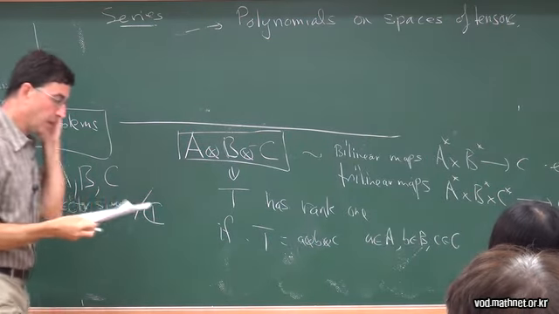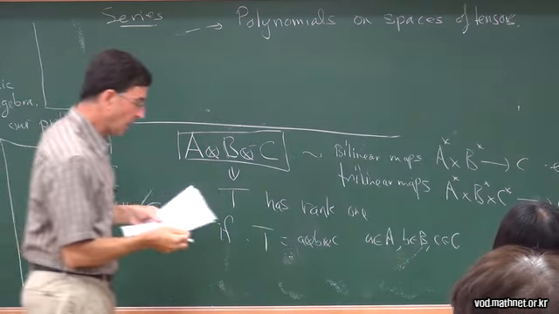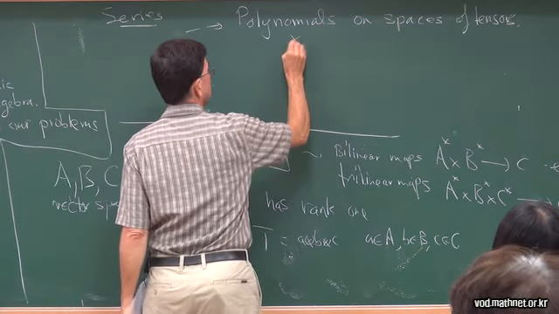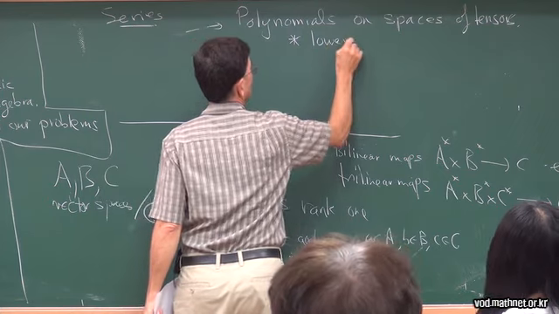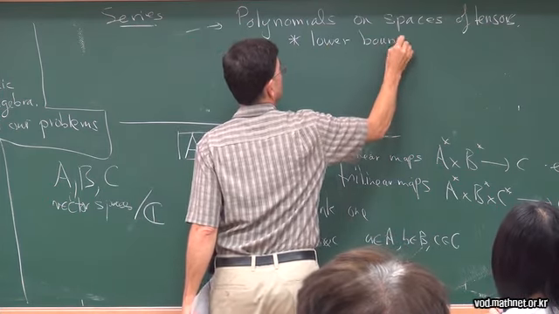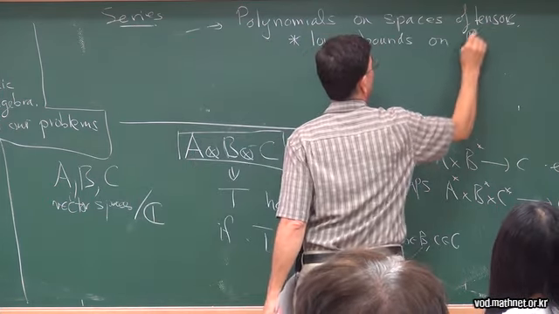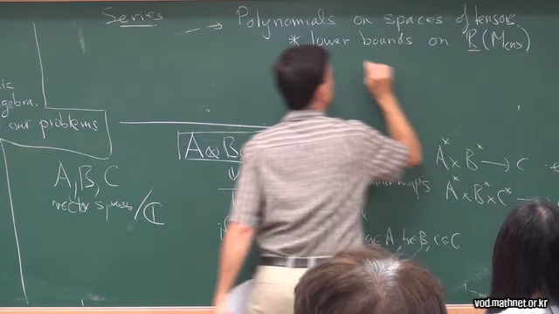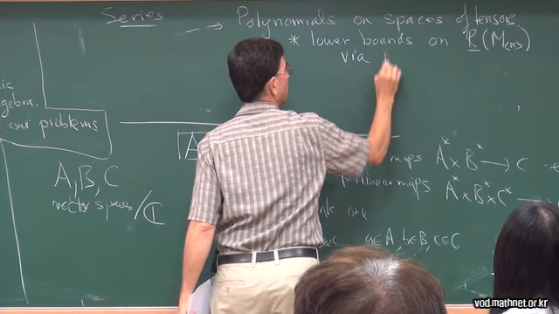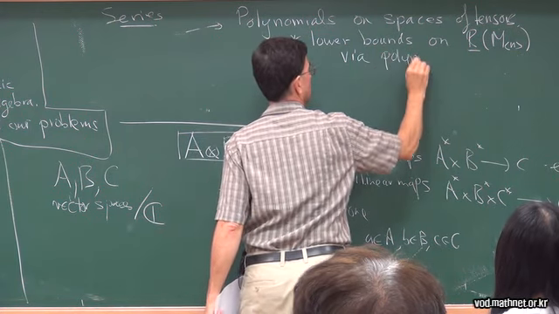In particular, this morning we discussed lower bounds on the border rank of this matrix multiplication tensor, and we'll get some lower bounds via polynomials.